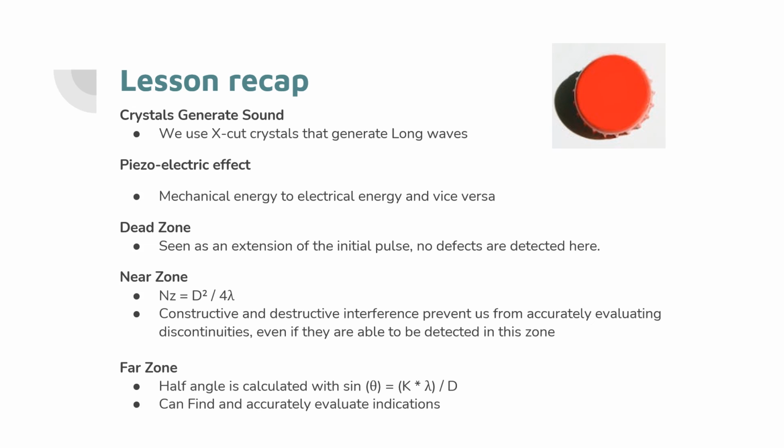The far zone, we have the half angle formula, which is sine theta is equal to a constant times the wavelength divided by diameter, or the constant times the velocity divided by the diameter times the frequency. Remember to use the arcsine, or sine to the power -1 in this, and remember that we're calculating the half angle, not the full angle, and the far zone is where we can find and accurately evaluate indications.